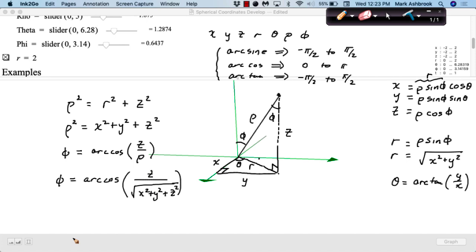Okay, any questions on developing all those relationships? Okay, so you'll need those, but they should make sense, right? So yes, memorize them, but also be able to derive them. Be able to create that picture and do it all from scratch, just because you understand what they are.